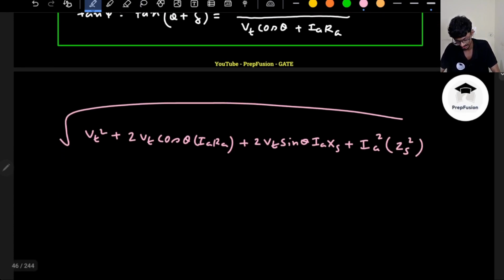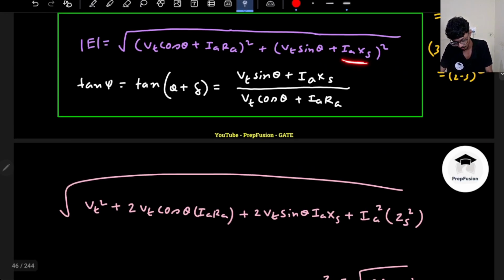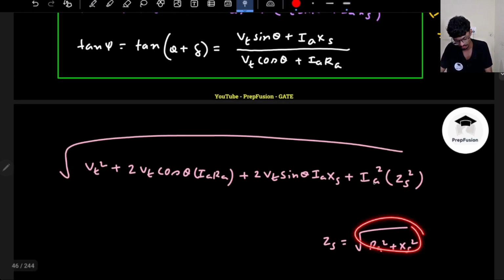Very basic thing. Basically my Z is the magnitude of Ra whole square plus Xs whole square. So a component will come, that will be Ia square Xs square plus Ia square Ra square. If I combine Ia square, this will be Ra square plus Xs square, that will be Z square.